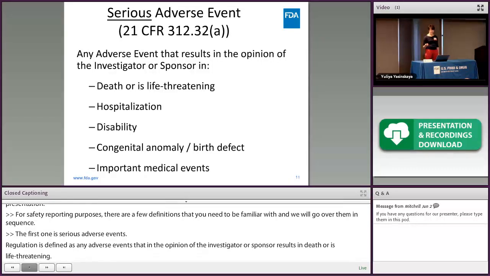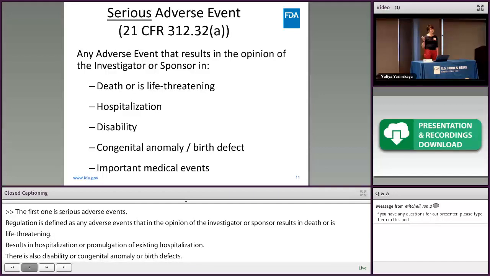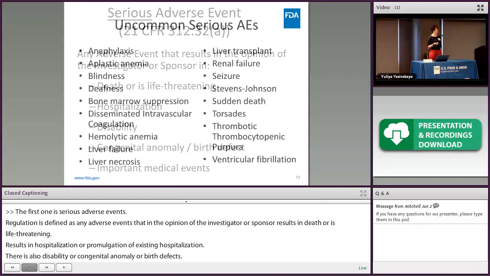In addition, it could be a medically important event that will result in any of the four of the above without an appropriate intervention, such as surgery or the acute medical intervention.